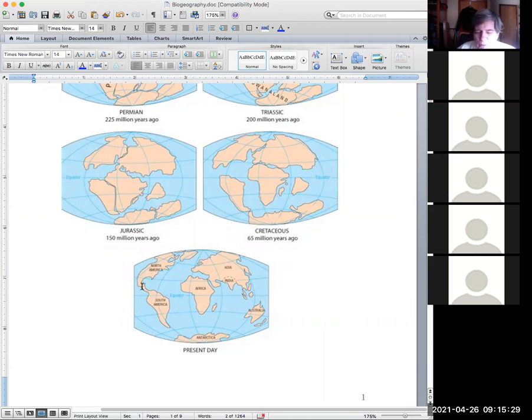Now, what happened when we formed this land bridge between North America and South America? Well, when we formed this land bridge, animals from North America could migrate to South America and vice versa. And North America had mostly placental mammals.